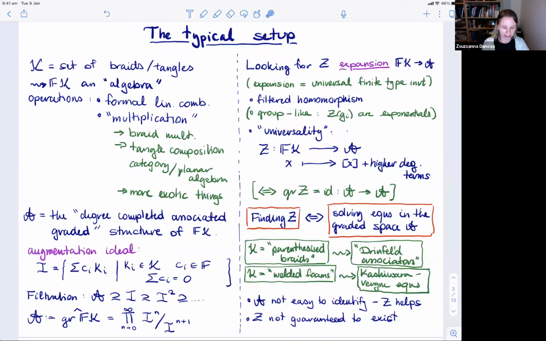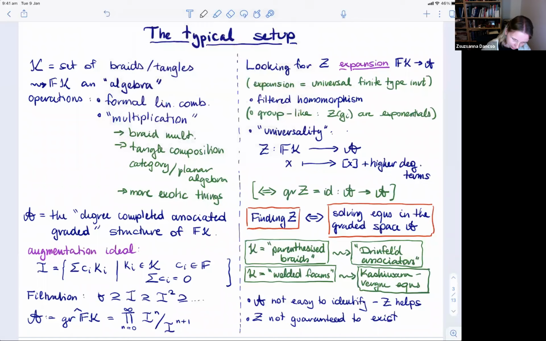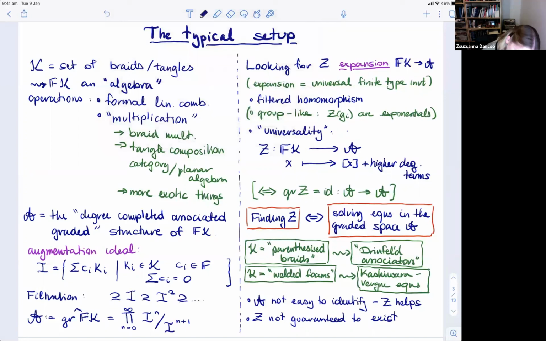And by taking powers of this augmentation ideal, you get a decreasing filtration on the algebra.